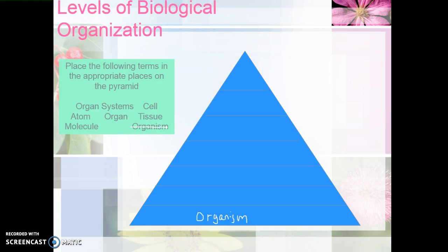From organism, the next thing is that an organism is made up of organ systems that function together. I'm going to abbreviate there for now. Organ systems are made up of organs. Organs are made up of tissues.